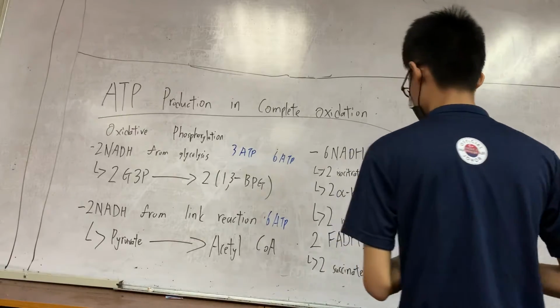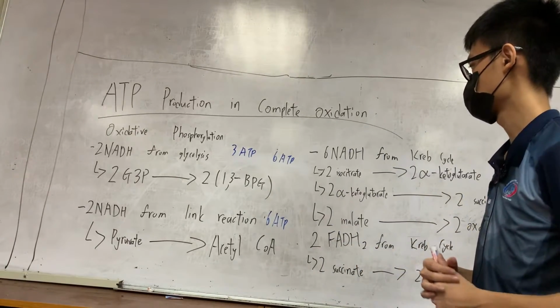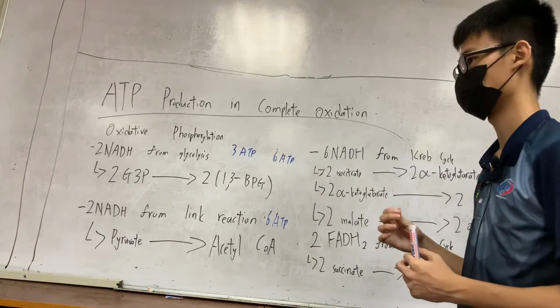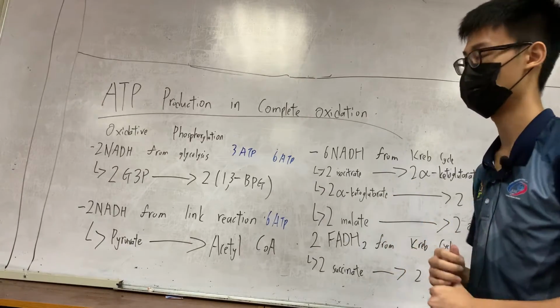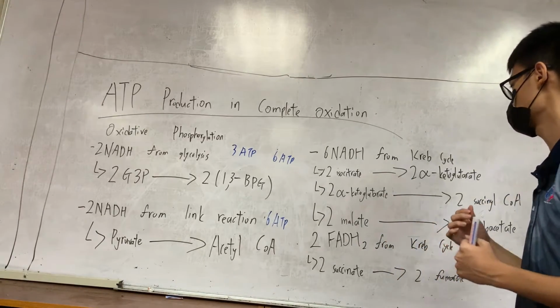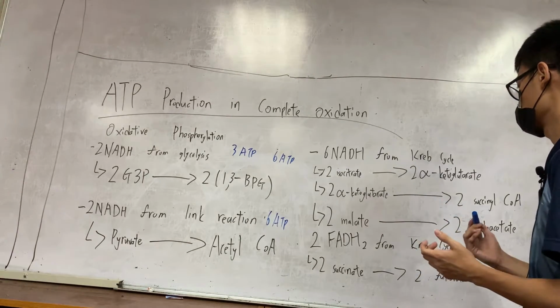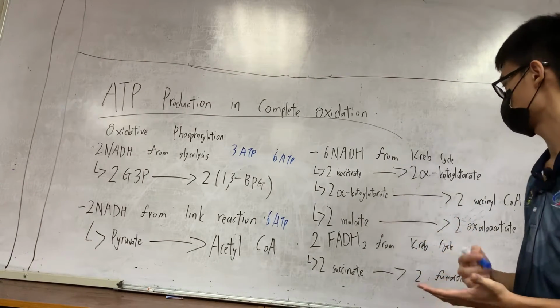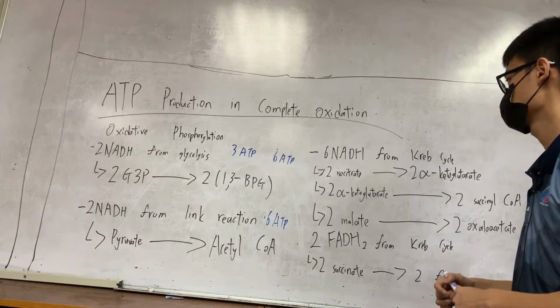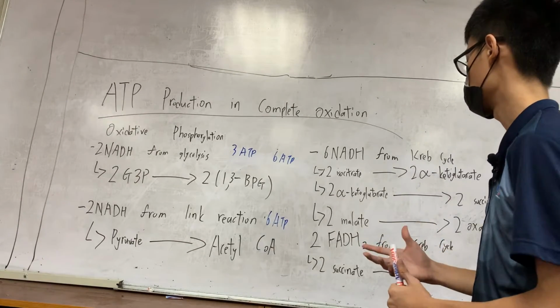And then we're going to move into the Krebs cycle. The Krebs cycle is a long series of reactions, and thus there are a lot of processes that will produce NADH. So firstly, it is isocitrate to alpha ketoglutarate. And each isocitrate to alpha ketoglutarate will produce 1 NADH, and thus 2 will produce 2 NADH.